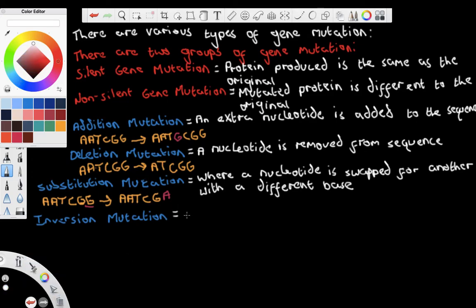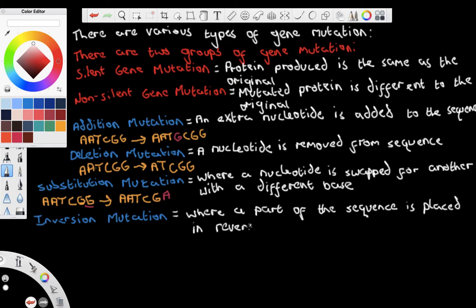So rather than having A, A, T, C, G, G, you may now have A, A, T, G, G, C. So we've swapped it around, it's inverted, okay?